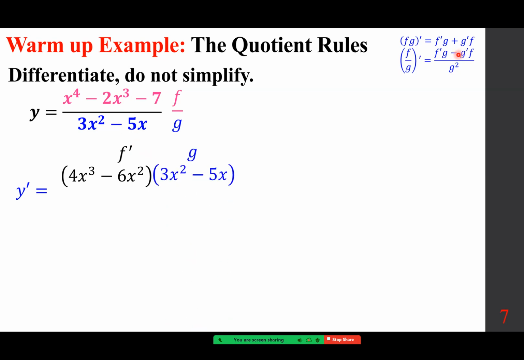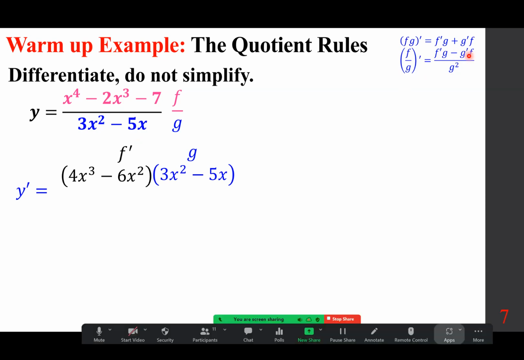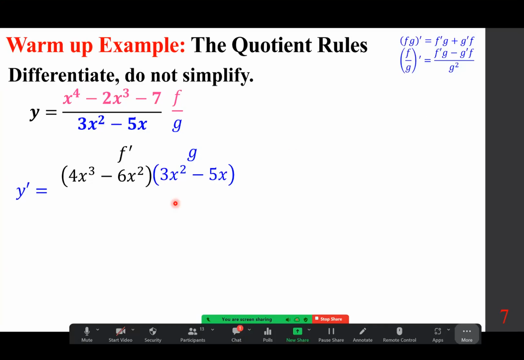And then minus sign, g prime. The derivative here. So we have f prime g minus g prime. Well, the derivative of g is 6x minus 5.